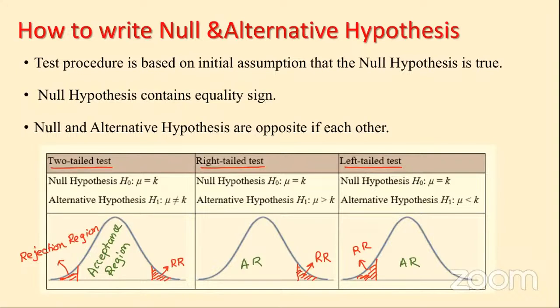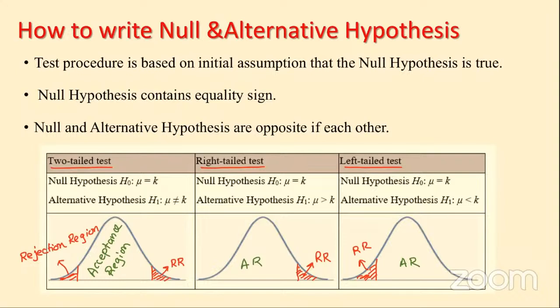One important thing that you need to understand from this slide is that when you're performing hypothesis testing, we have to follow certain directions based on the alternative hypothesis. As I have shown here in the first column, the alternative hypothesis has a not equal to sign. If there is a not equal to sign, then the rejection region is on both tails, and we call it a two-tail test.